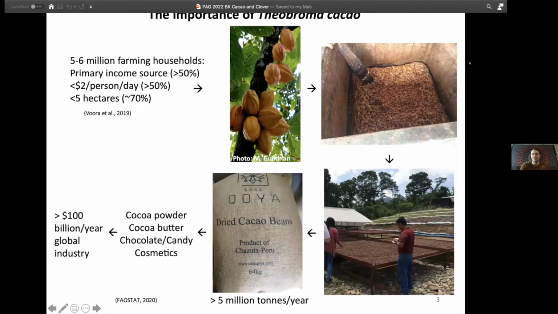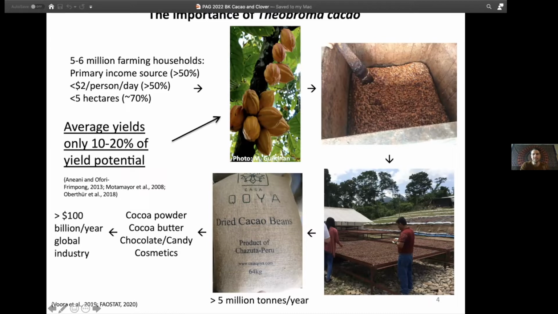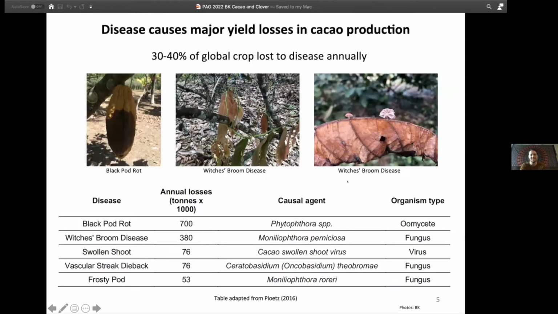So I think everybody knows the importance of cacao. It's a huge industry, and it contributes to the livelihood of many farmers, but there's this huge limitation at the beginning of the supply chain with limited yields. One major contributor to the limited yields is disease. And we've seen this table already. Black pod rot is the major disease of cacao and is caused by several species of Phytophthora.